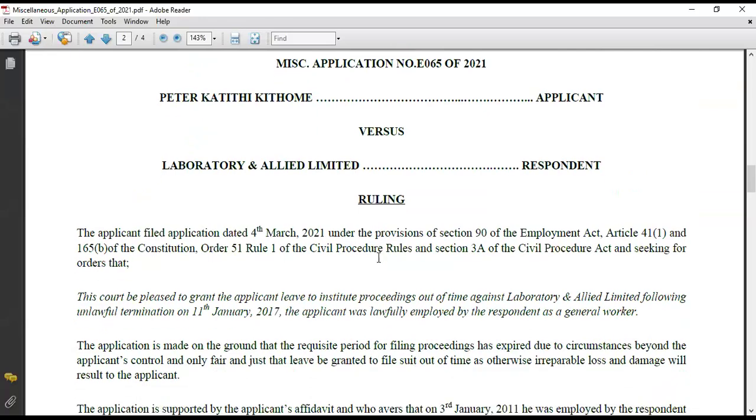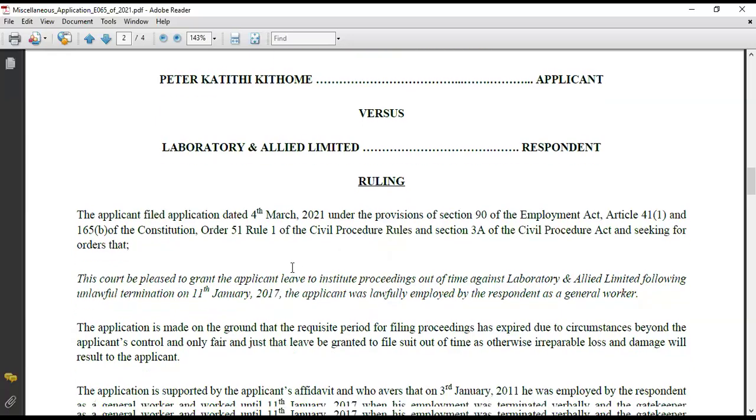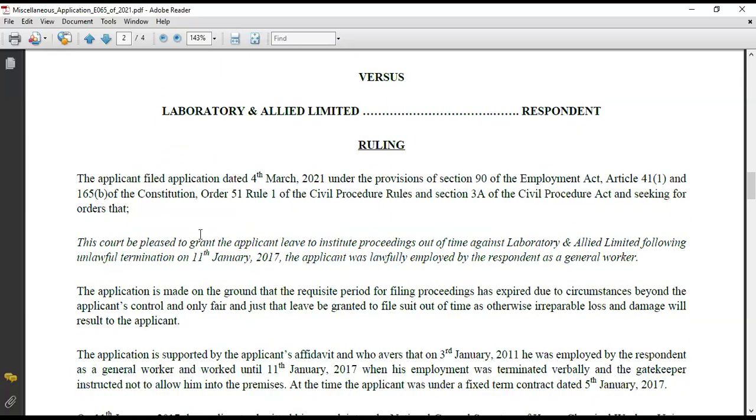Peter Kadidi Kidome brought an application under Section 90 of the Employment Act, under Article 41 on fair labor practices, seeking leave to institute proceedings following a termination in 11/2017.